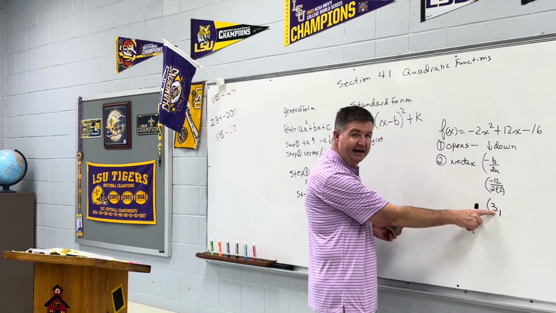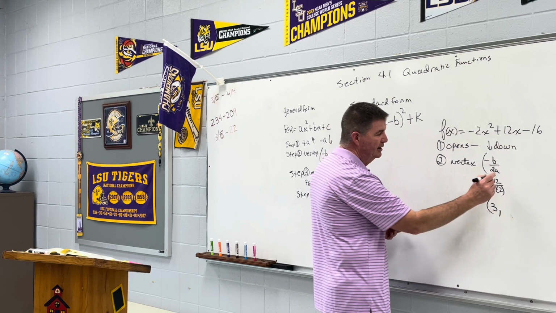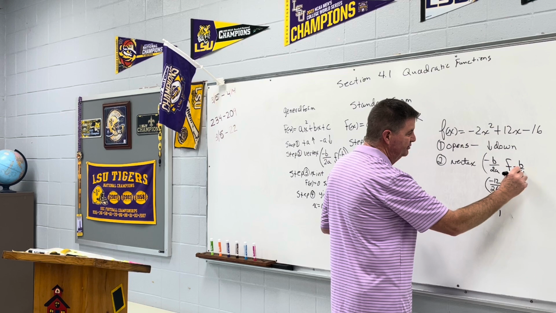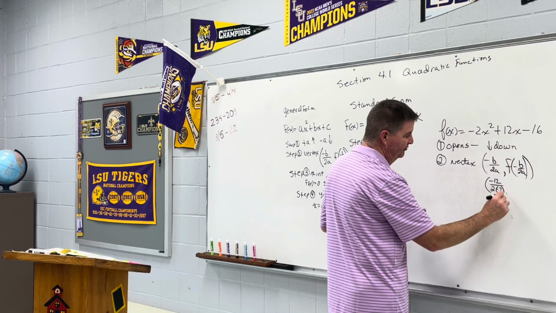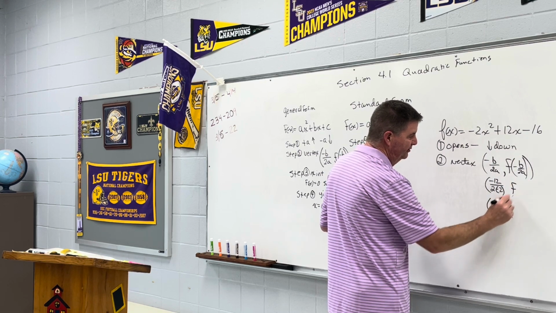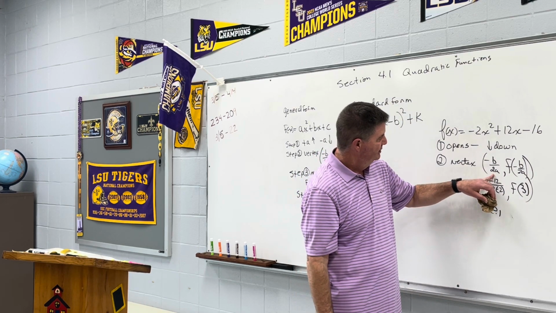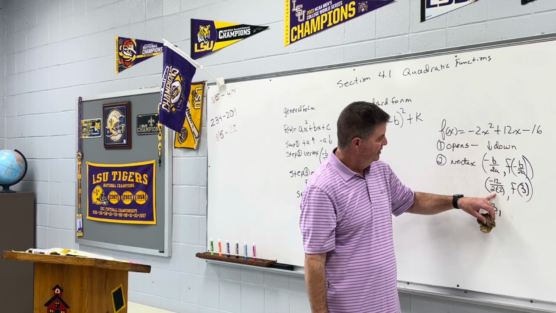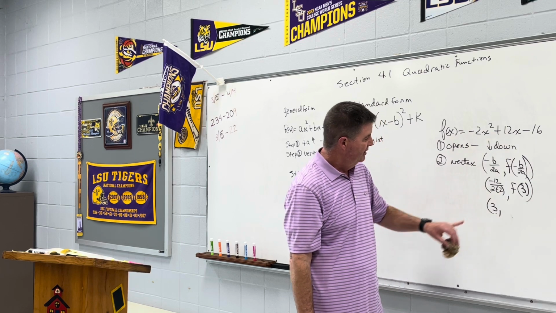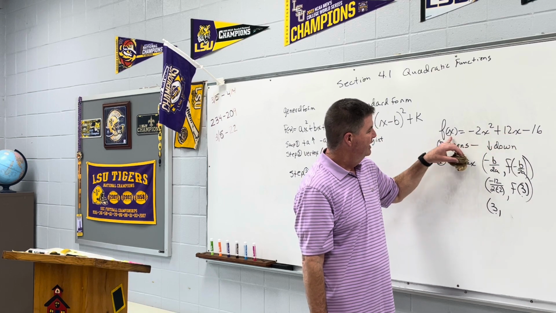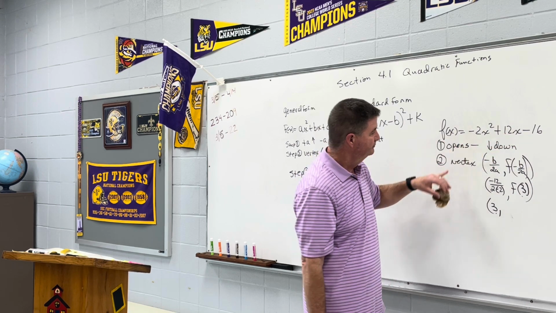Once we find that x is positive 3, now we're going to find f of negative b over 2a. So now we're going to find f of 3. Whatever number we get for this is what we plug in there. So I'm going to find f of 3, meaning I'm going to plug 3 into the x's and see what we get for our y.